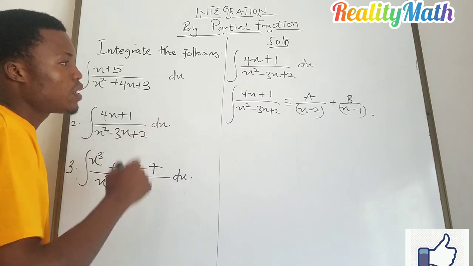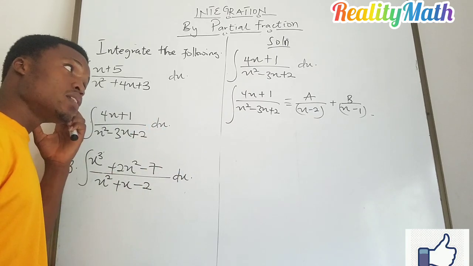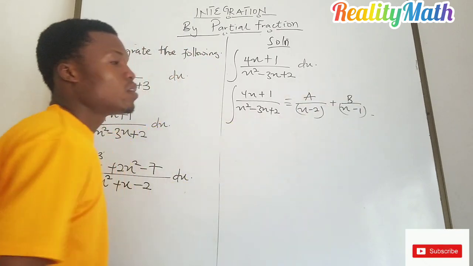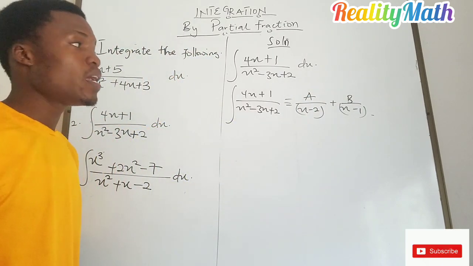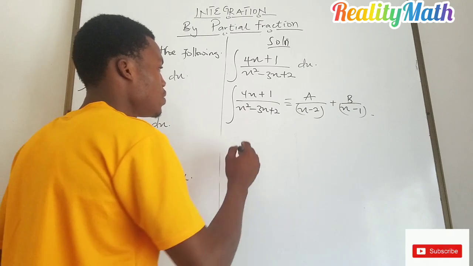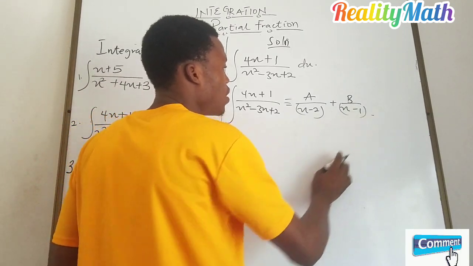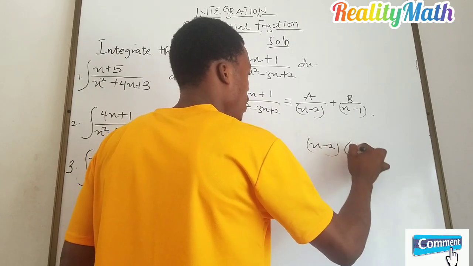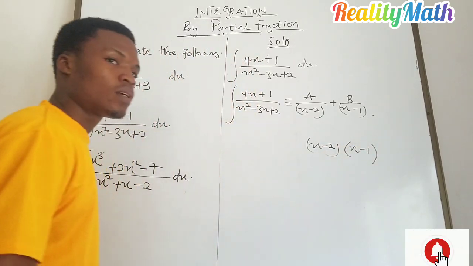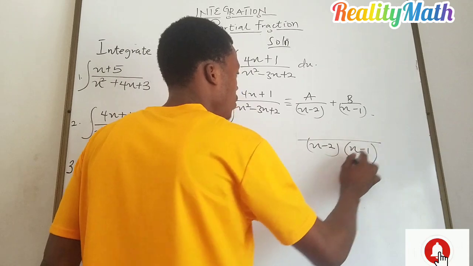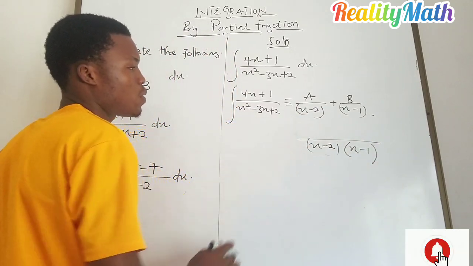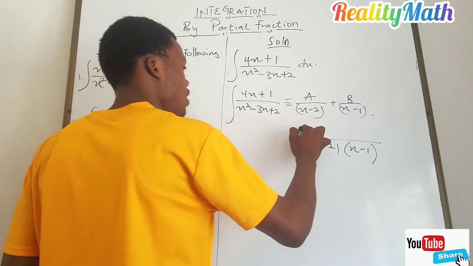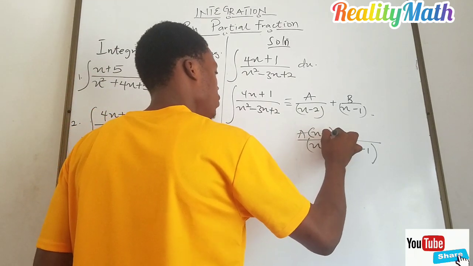When you get that, we can rewrite the whole thing so that we can get the values for our constants, a and b. We get our LCM, which is going to be x minus 2 into bracket x minus 1. The x minus 2 will cancel the x minus 2, so what we multiply it by is x minus 1. So a is multiplying x minus 1.